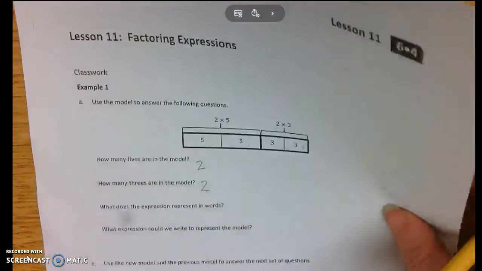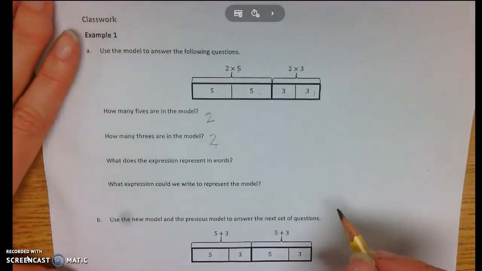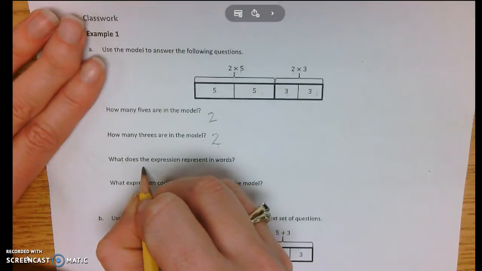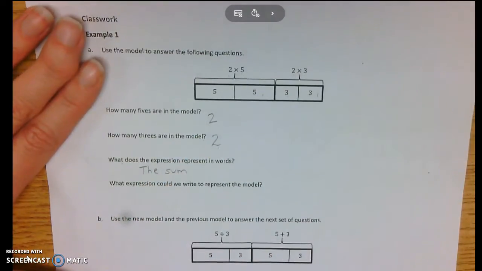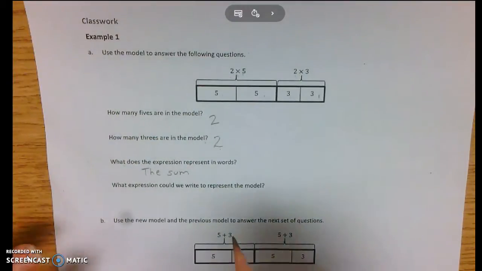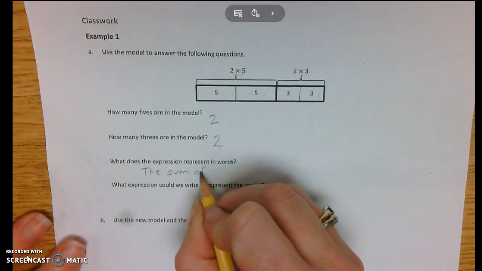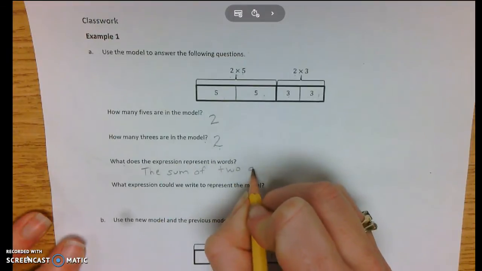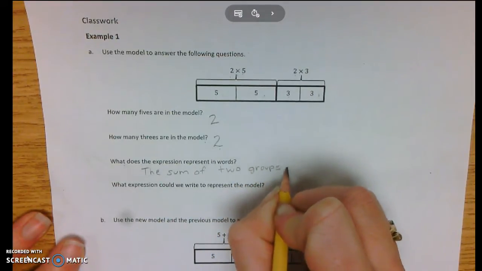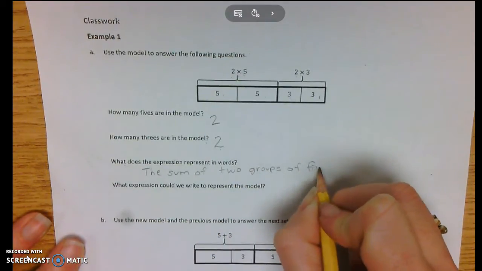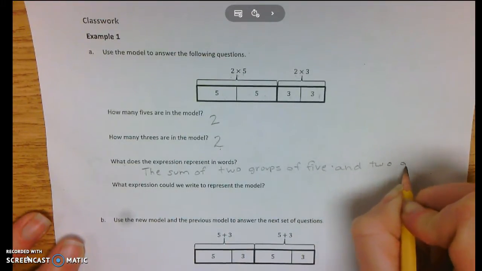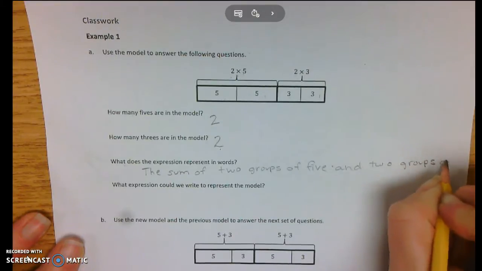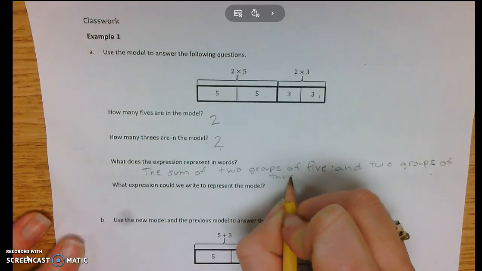So in words, which is kind of what we worked on Friday, this is the sum, or when we add these all together, of 2 groups of 5 and 2 groups of 3.